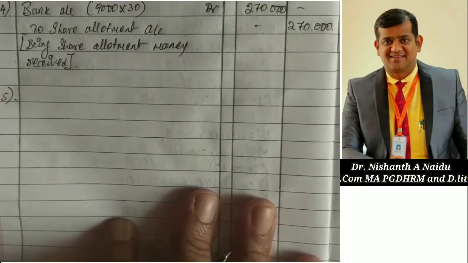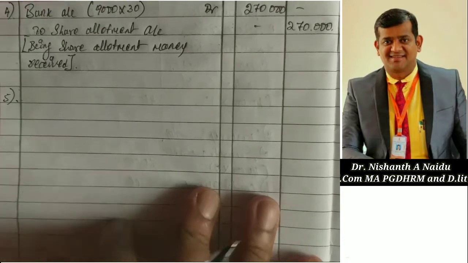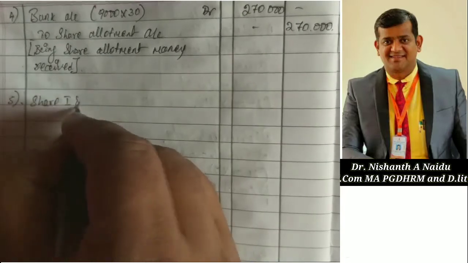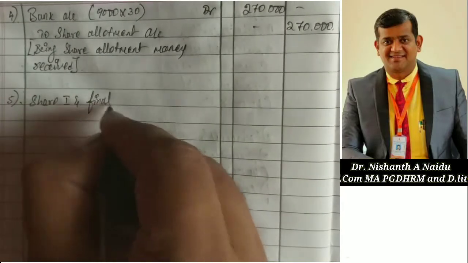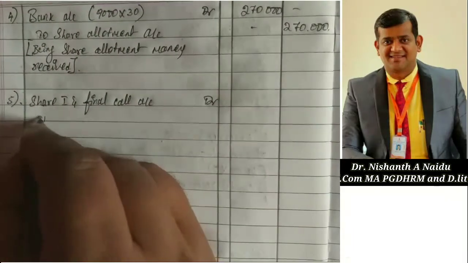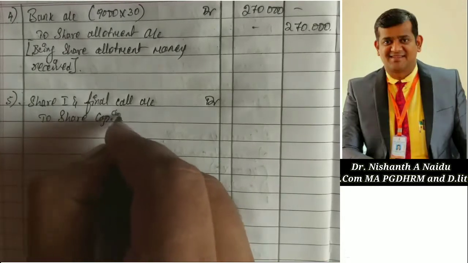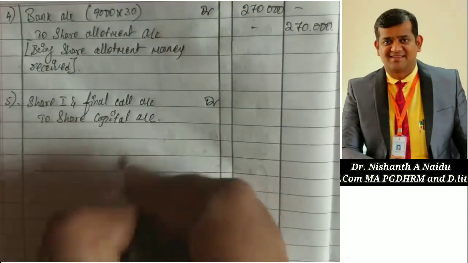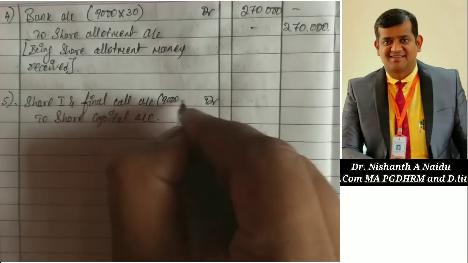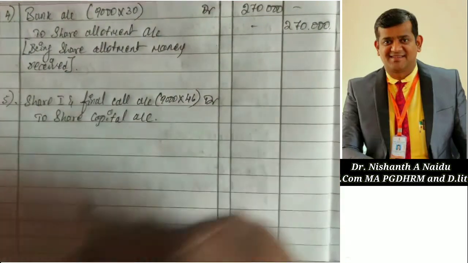So next is the fifth journal entry, the first and final call due entry. Share first and final call account debtor to share capital account. Now 9,000 into how much is the first and final call due? 46 rupees.